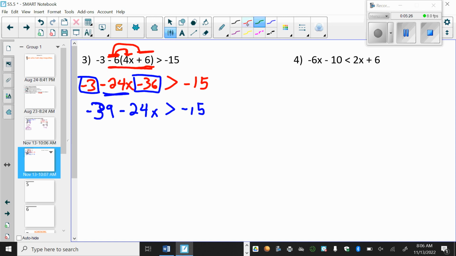I do not have variables on both sides, so I'm going to go to step 4, which says I have to start with my variable term and remove the other one. So I'm going to add 39 to both sides. That's going to give me negative 24x is greater than 24.